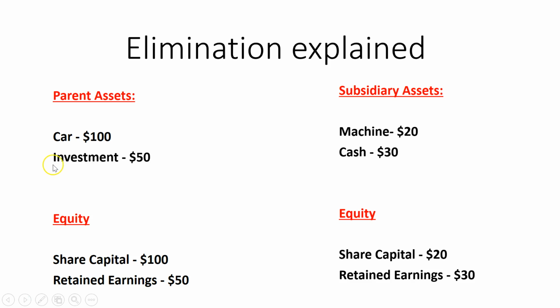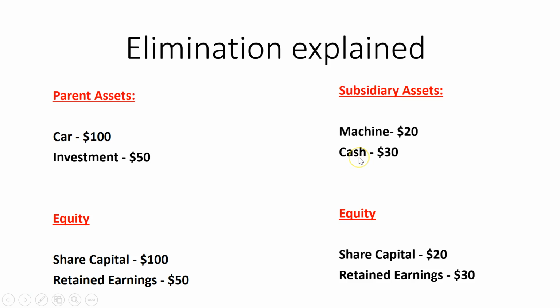So you can see here that we have the parent balance sheet and the subsidiary balance sheet. And so the consolidation process is going to aim to add up all the assets of the parent and all the assets of the subsidiary, and then put it on one consolidated balance sheet. So you can see here that the investment asset is worth $50. Now this investment line item is equal to the net assets of the subsidiary.